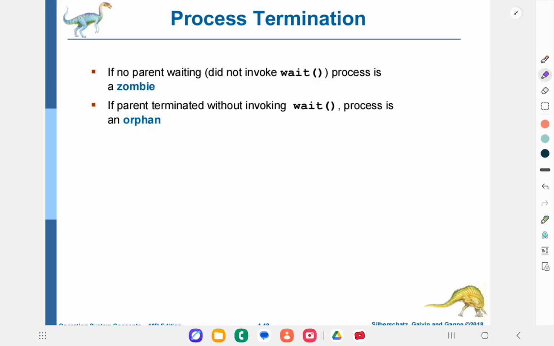So there are 2 types of processes in the context of child-parent relationship. We have zombies and we have orphan processes. So with a zombie process, let's say a parent created a child, right?